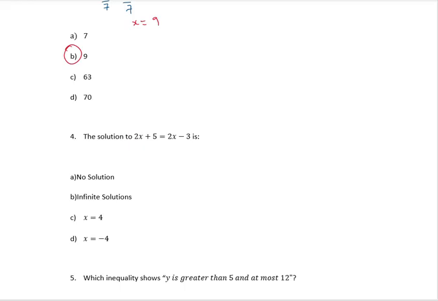Now, the solution to 2x plus 5 equals 2x minus 3 is, now if you were to actually figure this out, you will quickly realize that it's a bit strange, okay?